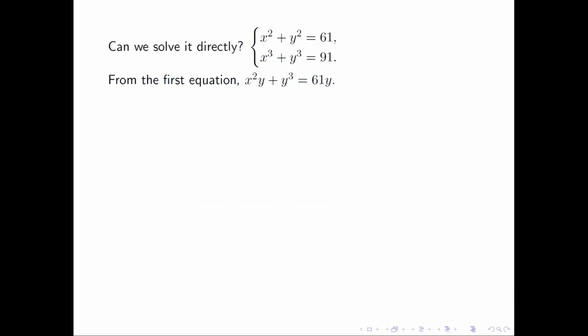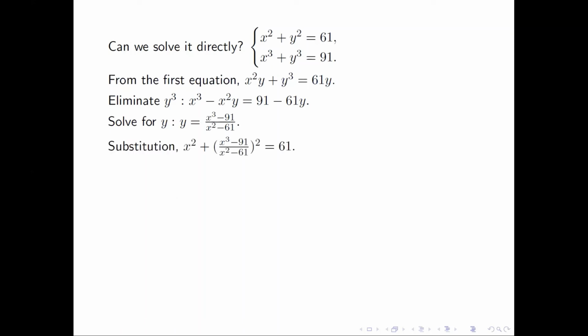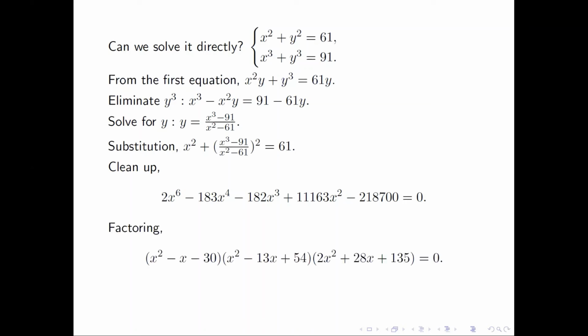From the first equation, we get this, eliminating y cubed, and solve for y, substitution, clean up, and then you pretend you factor the polynomial by hand, manually, and get things done. This way, people would be very impressed. Wow, how did you do that? Well, that's all I have today. Thank you for watching.